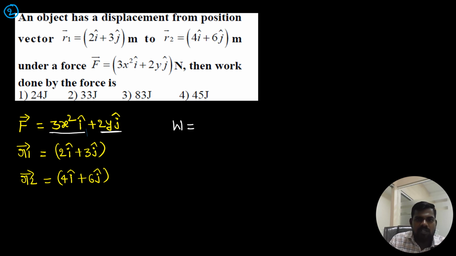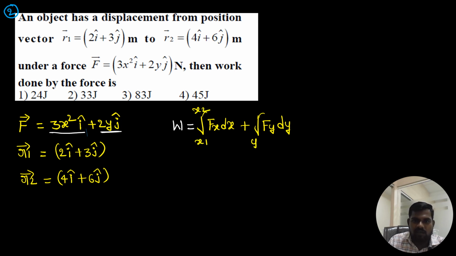So the formula is integration of f of x dx, directly I'm taking, plus integration of the y axis, j cap is also given, that's why f of y into dy. The limits are x1 to x2 and y1 to y2.